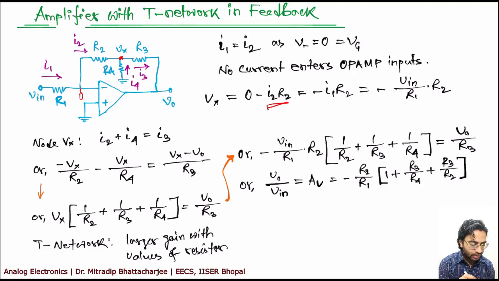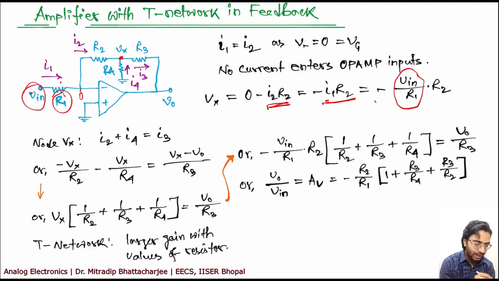And then you can write this as minus I1R1, and also you can write this as Vin by R1, because your I1 is nothing but Vin by R1. The current through this branch is Vin minus 0 by R1, that is Vin by R1, so you replace it as Vin by R1 into R2, simple calculation.